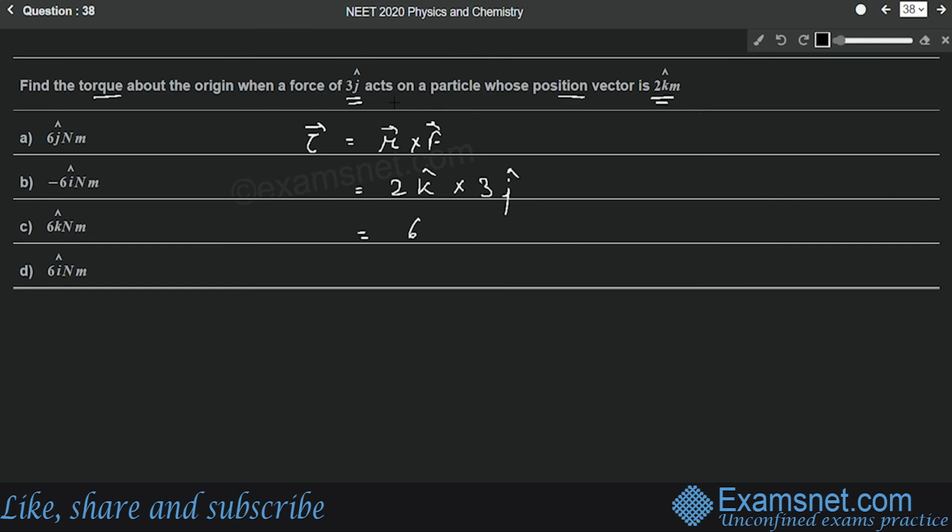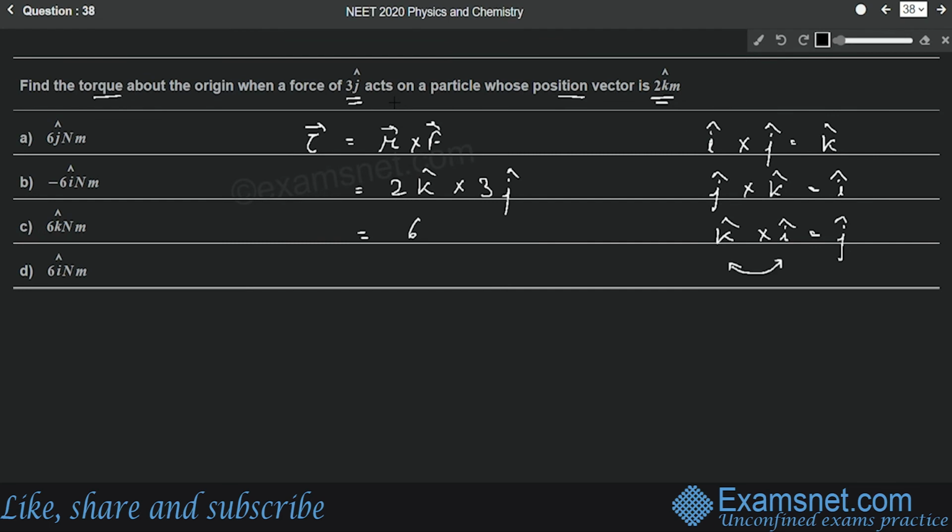Now what will be k cap cross j cap? See, i cap cross j cap is equal to k cap. Then j cap cross k cap will be i cap, and then k cap cross i cap will be equal to j cap. Okay, now if we reverse the positions, then the same will be in minus.